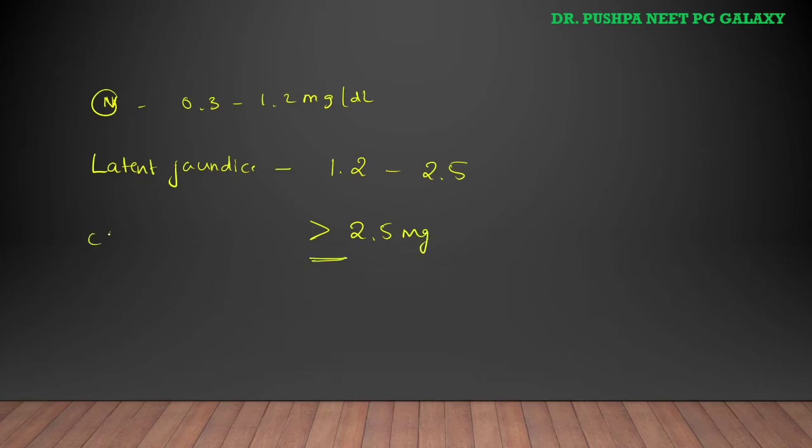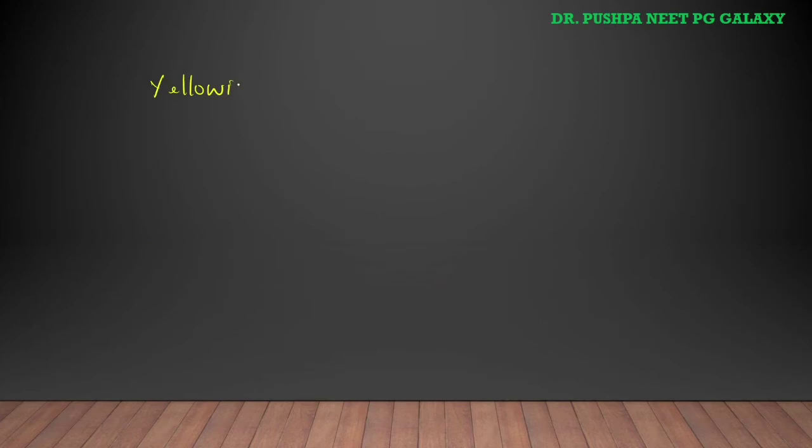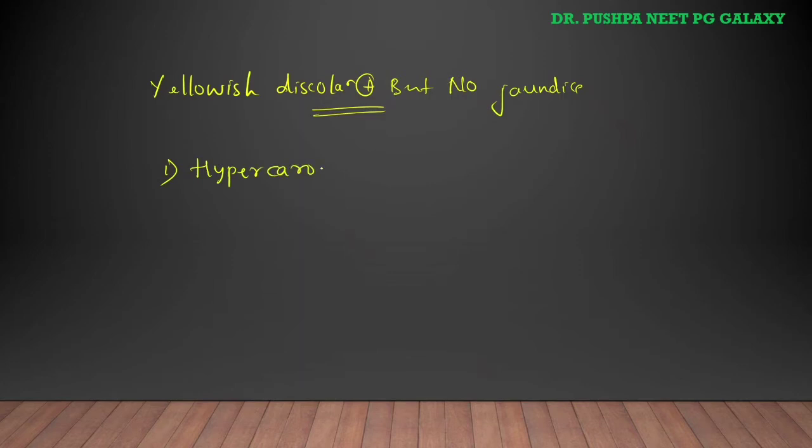This is clinically appreciable. In a few conditions, there will be yellowish discoloration, but jaundice won't be there. What are these conditions? First one is hypercarotenemia. Second is hypothyroidism.